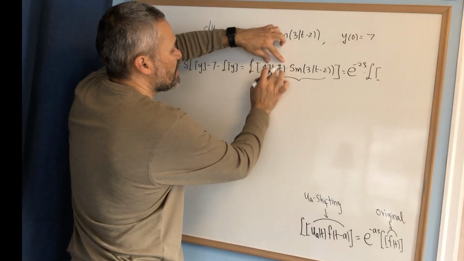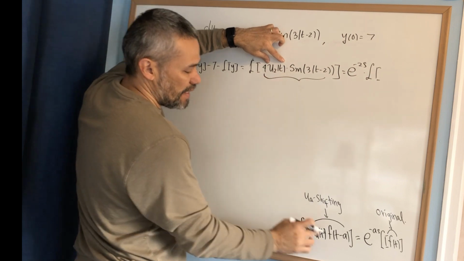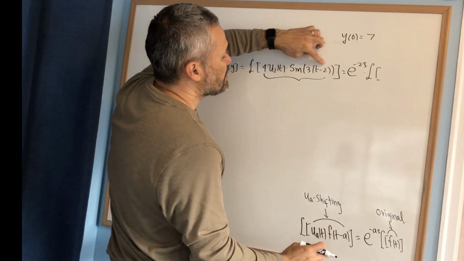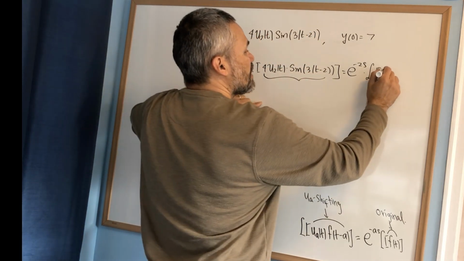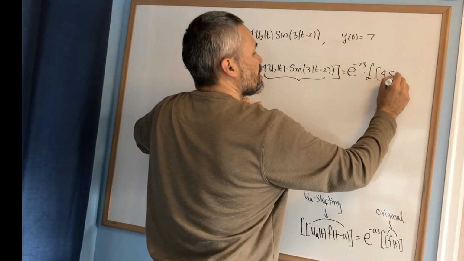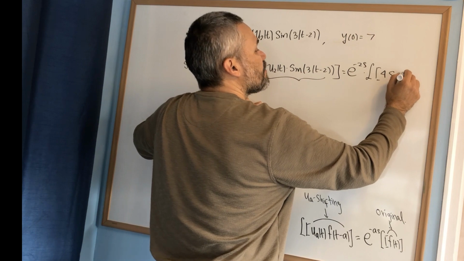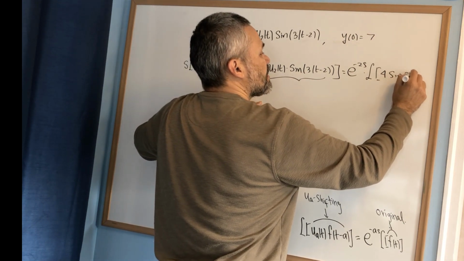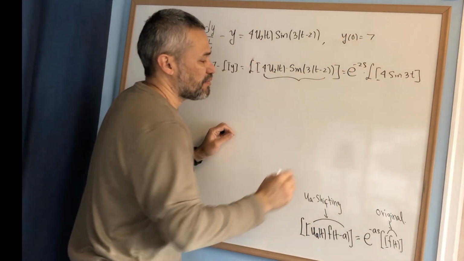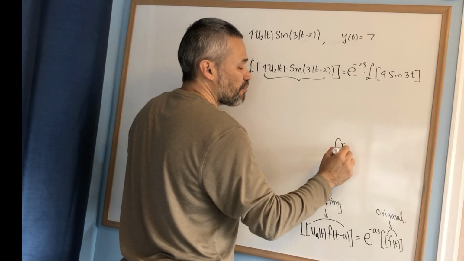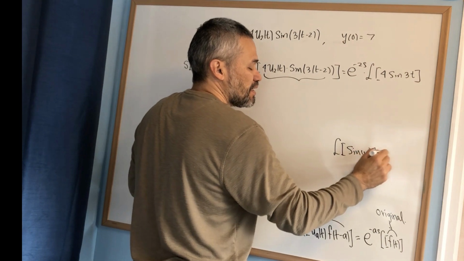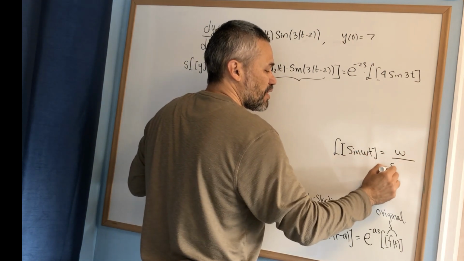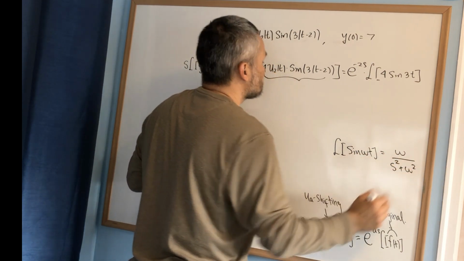We forget about the Heaviside function, and anytime we see that t, we replace it with t plus 2. That means that this just becomes 3t, and then we get 4 times sine of 3t. But remember, the Laplace transform of sine of omega t is omega over s squared plus omega squared.